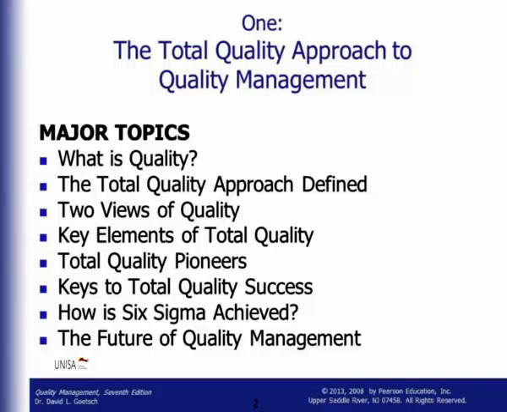Some of the major topics that's covered in this chapter is what is quality, the total quality approach defined, 2 views of quality, key elements of total quality pioneers, the key to total quality success, how is Six Sigma achieved, the future of quality management. So we're going to go through that a little bit more in detail.